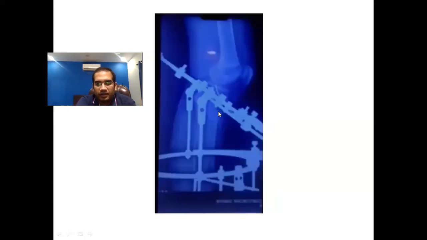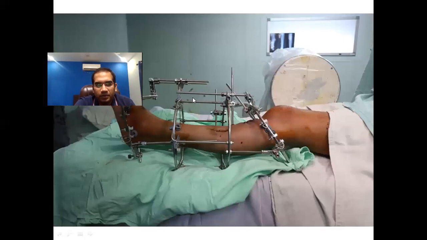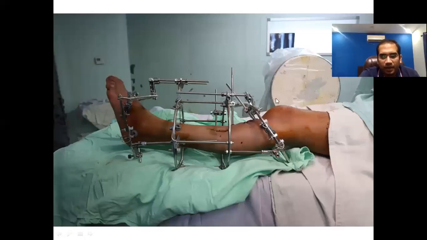This is the place of the osteotomy. It was an oblique osteotomy. The hinges were placed exactly at the angulation correction axis. This was the assembly, because this patient also had equinus because of soft tissue contracture. So I decided to correct the soft tissue aspect simultaneously by a closed Ilizarov.